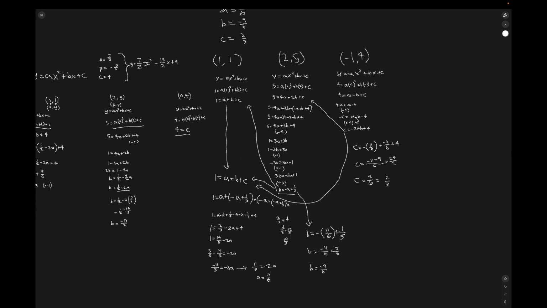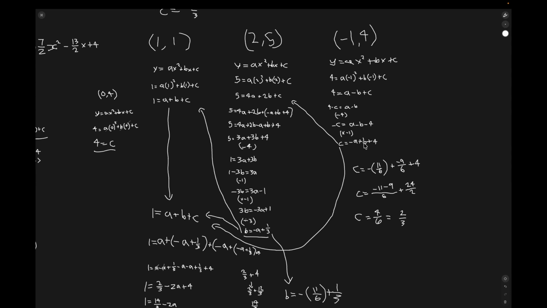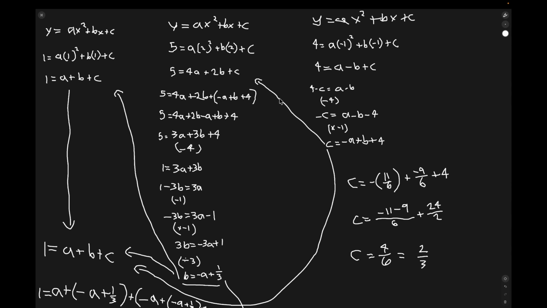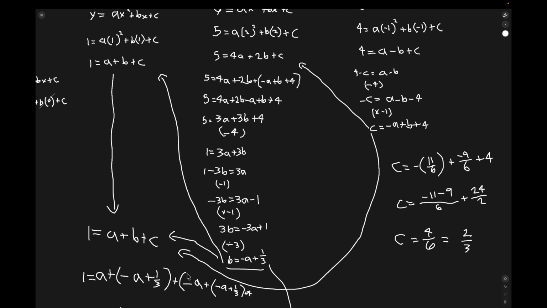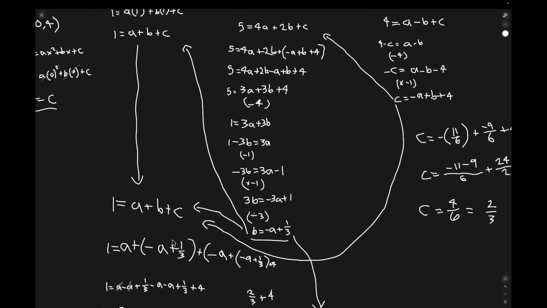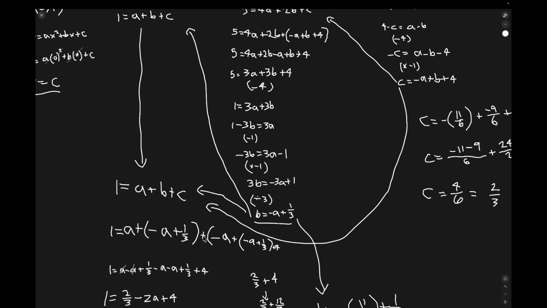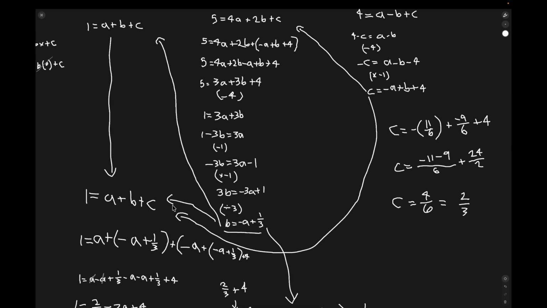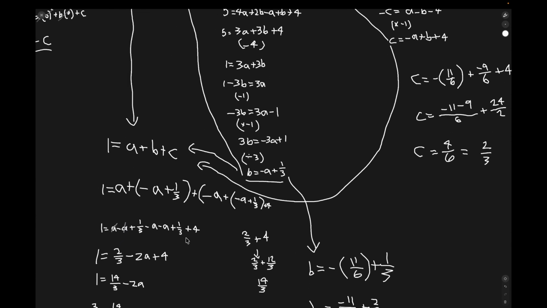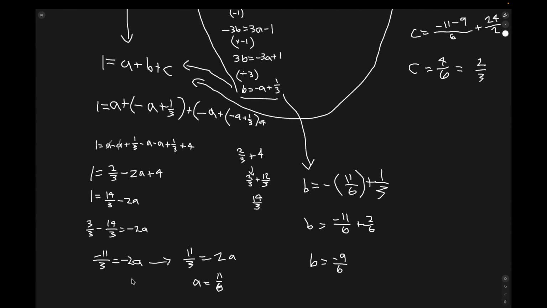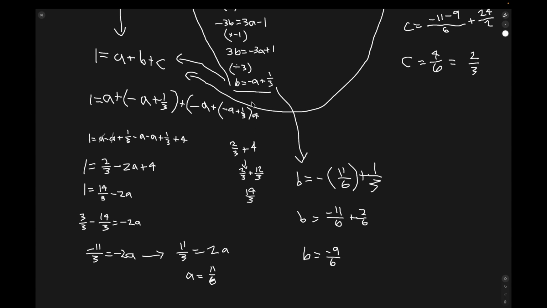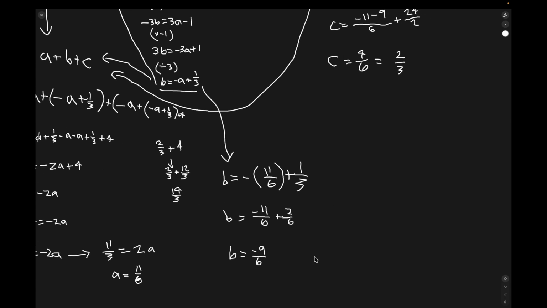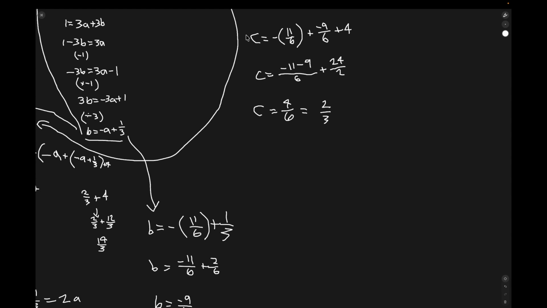I'll just do a quick run through of what we did. So we isolated for c, and then we put that back into here, so wherever we saw a c in this one, and then we isolated for b, and then we put that into this one, and wherever we saw a c, we put this one in, and then we solved for a, and then we put that a back into this b, solve for b, and then finally we solve for c.